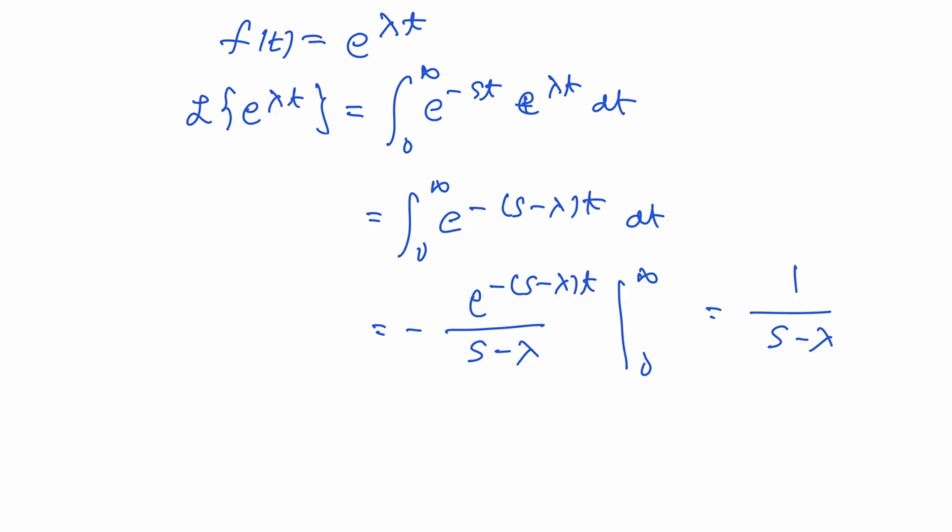So once we have this table, then you can find that 1 over s minus lambda corresponds to exponential lambda t, right?